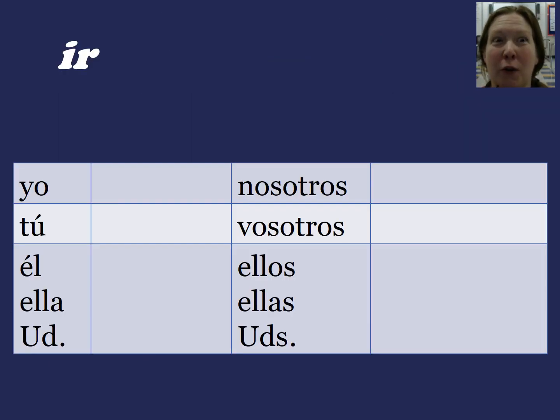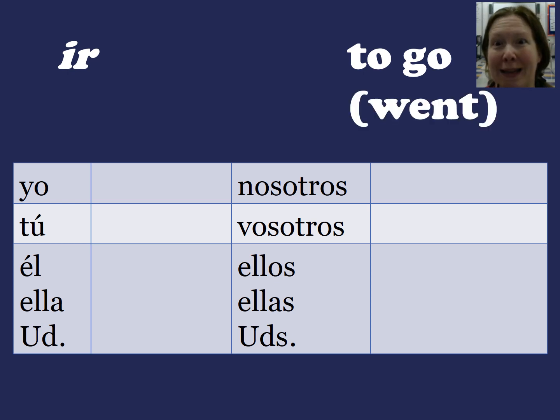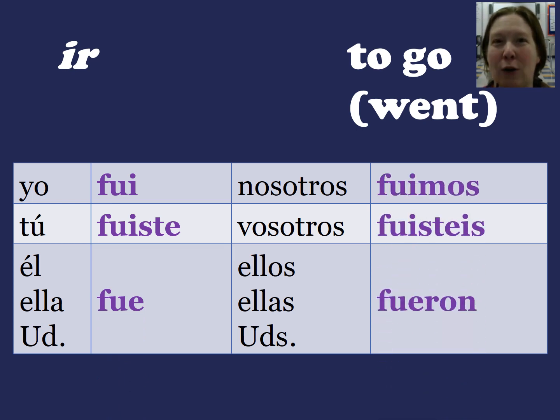So the first of those verbs is ir. Remembering that ir means to go. So in the past, when we say to go, we say went. So ir in the pretérito is going to mean went. So here are the forms. You already know yo fui. We learned it as vocabulary during our compras unit. The rest of the forms are fuiste, fue, fuimos, fuistes, fueron.